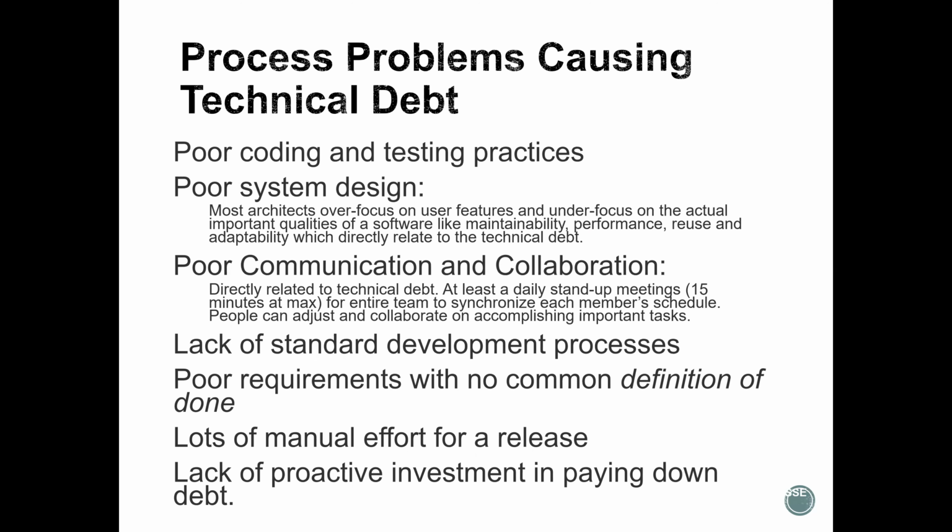So not only the designer, the developer, or the tester are responsible for technical debt. It turns out that the process or the management team is also responsible for technical debt. So we have seen that poor coding and testing practices can lead to technical debt, where shortcuts have been taken during the development of coding.